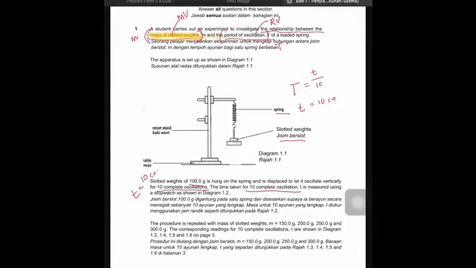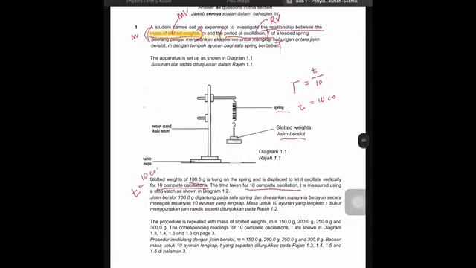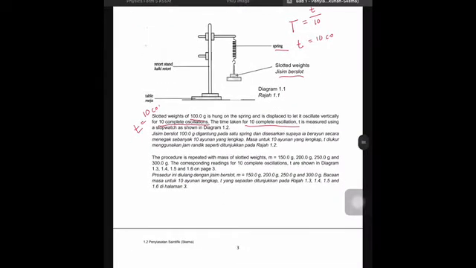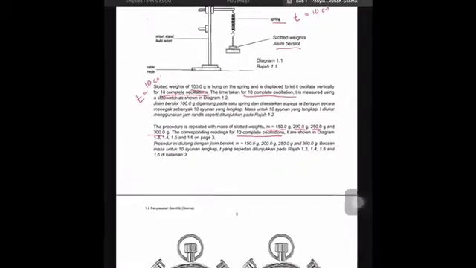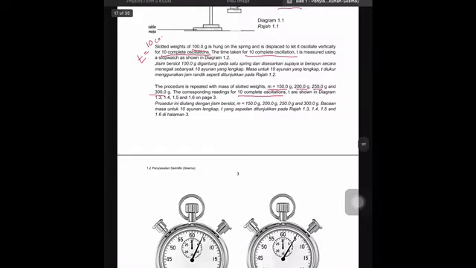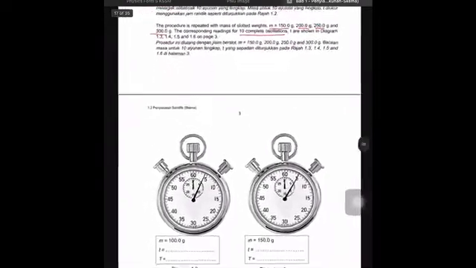That is the information given here. The procedure is repeated with 5 different masses of the slotted weight, and the corresponding readings for 10 complete oscillations T are shown in diagrams 1.3, 1.4, 1.5 and 1.6.